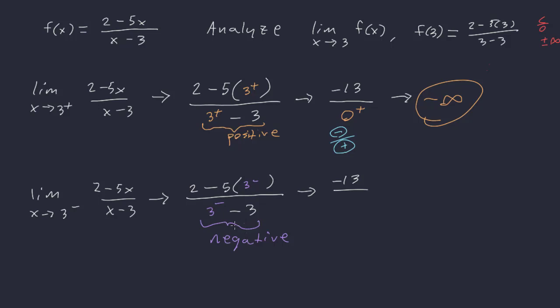So something smaller than 3 minus 3, this will be negative. So this is a 0 negative here. So this is a negative over a negative, which will come out to be positive. So this is a positive infinity on this side. Okay, so that means at this value here, at 3, we have a situation like this. From the right, it goes to negative infinity.